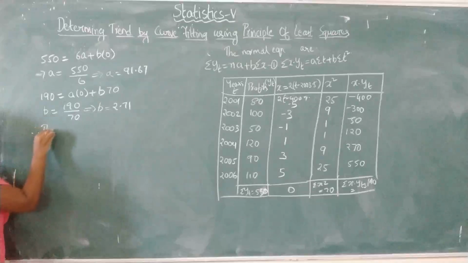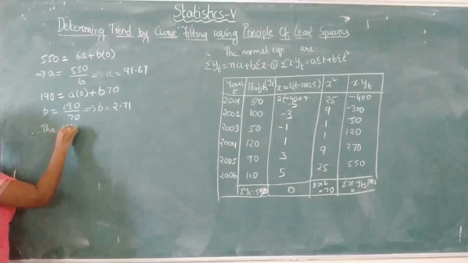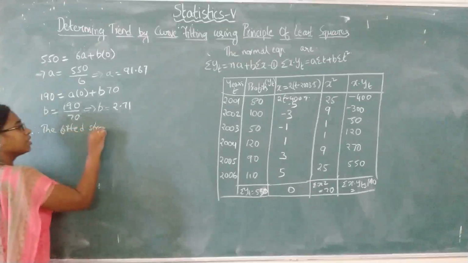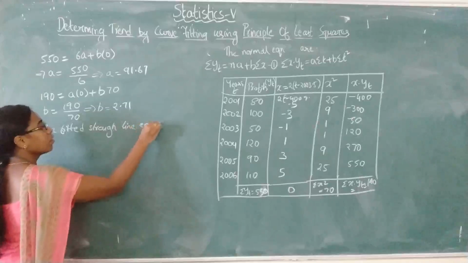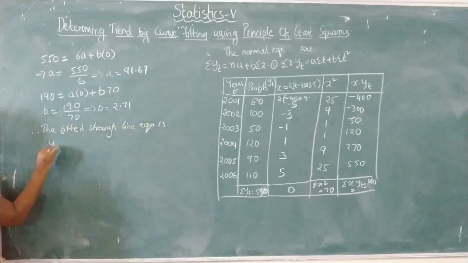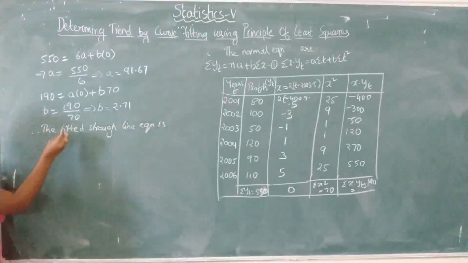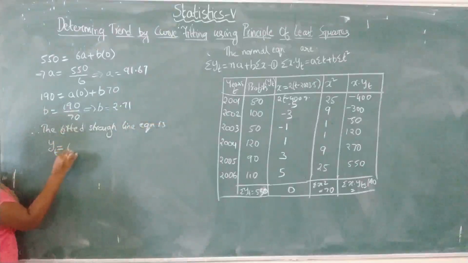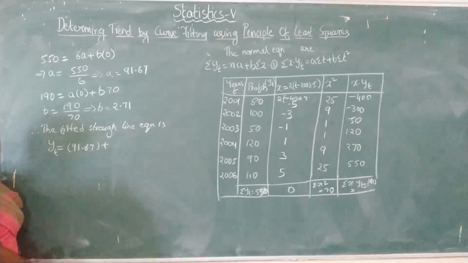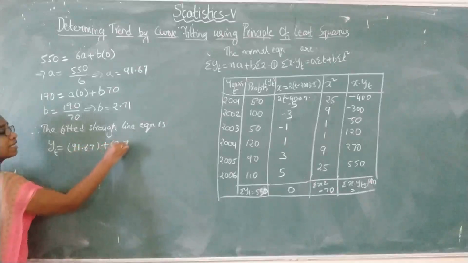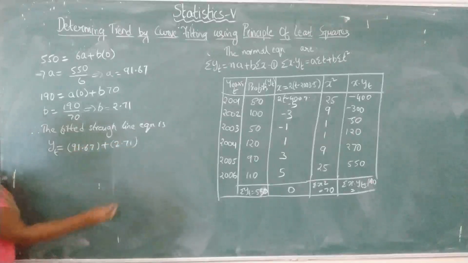Therefore, the fitted straight line equation is, what is the straight line equation? Yt equals a plus, what is the a value? 91.67 plus b value 2.71 into x value.